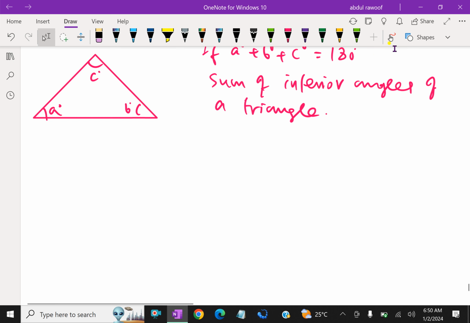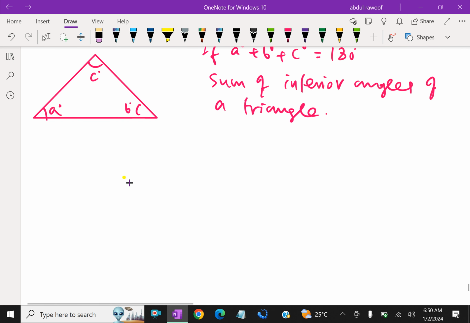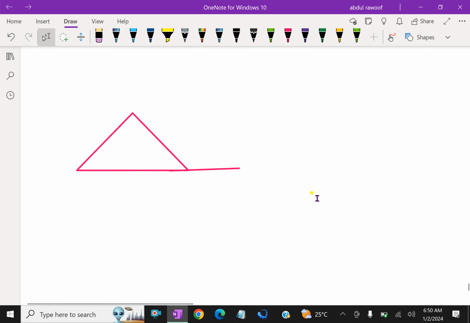Now the same for the exterior angle. Here, suppose this angle is A, angle B, and let this angle be C. Here, the size of an exterior angle of a triangle is equal to the sum of the interior opposite angles.